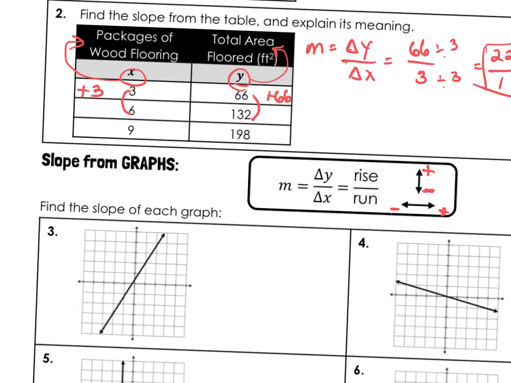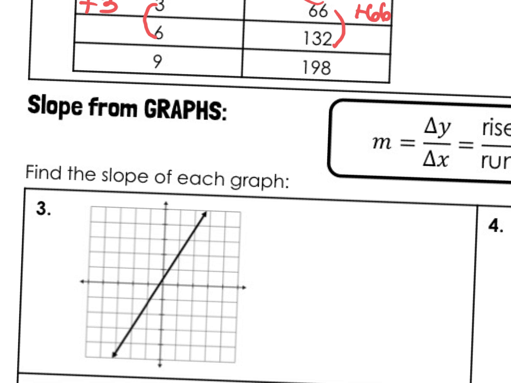So you need to find a point on the graph where the line crosses at a corner. 2 corners, you need 2 points. So here's this one and this one. And there's no math, so we're just going to count. So M equals the change in y over the change in x.